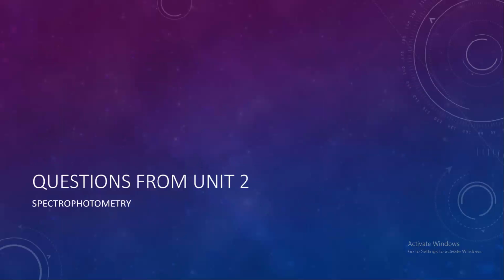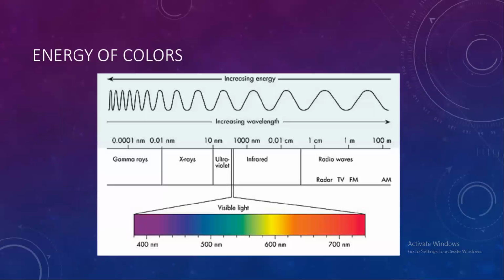For Unit 2 now, for spectrophotometry, I had several questions on there that were talking about which color of the electromagnetic spectrum had the highest energy and which ones had the lowest energy. So I want you to pay attention to the wavelengths being shown here. If the ripples are very close together, that means it's high energy.